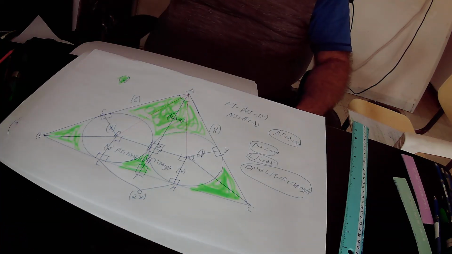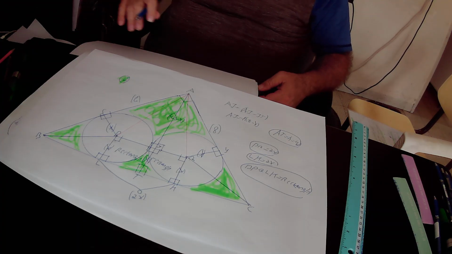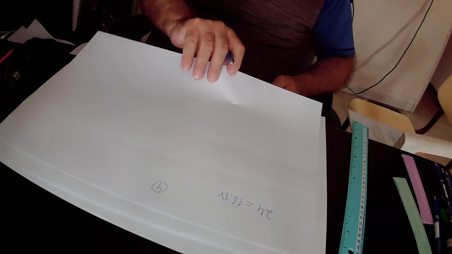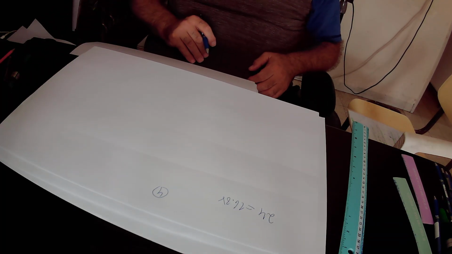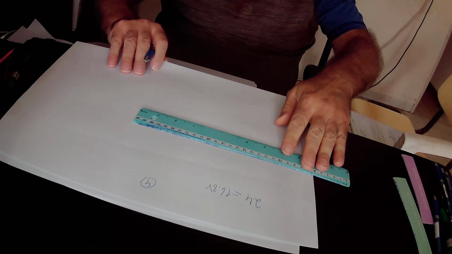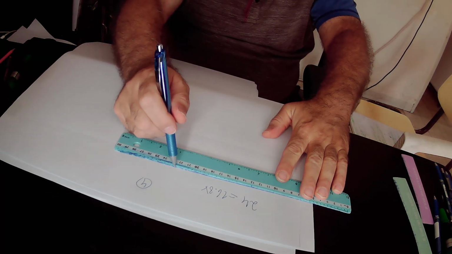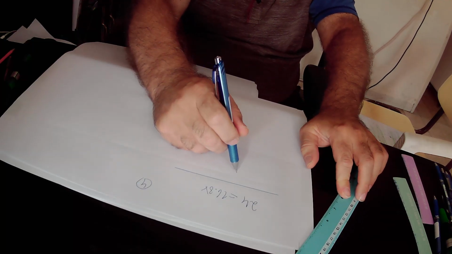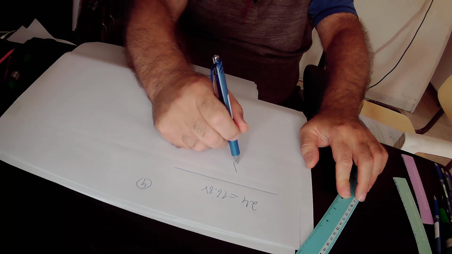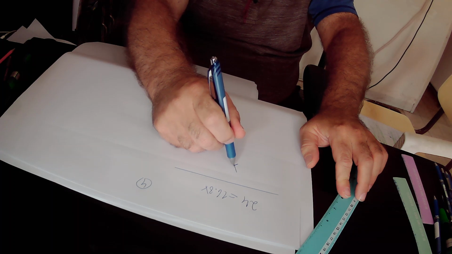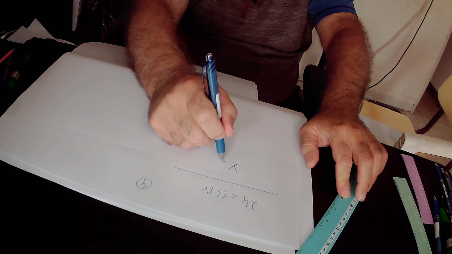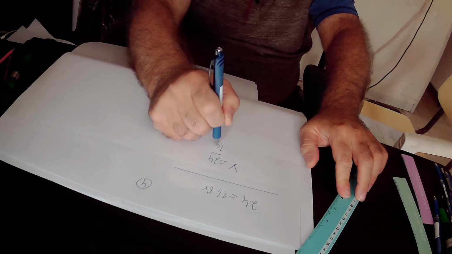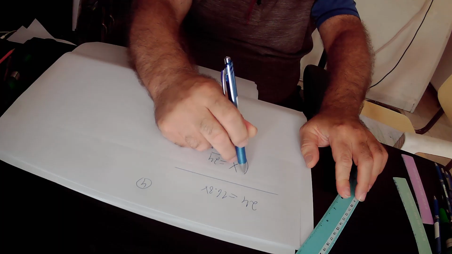So in total we found that 24 equals 16.8x. Here we divide this equation by 16.8 and get that x, that is the radius of the two circles, equals 24 over 16.8 units in length.